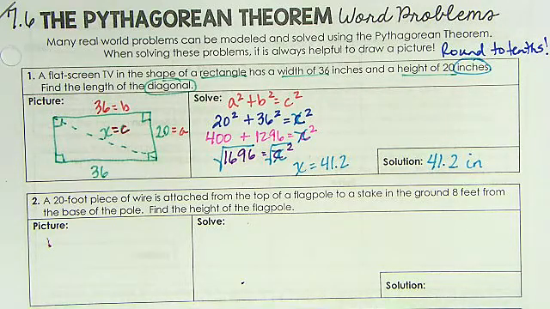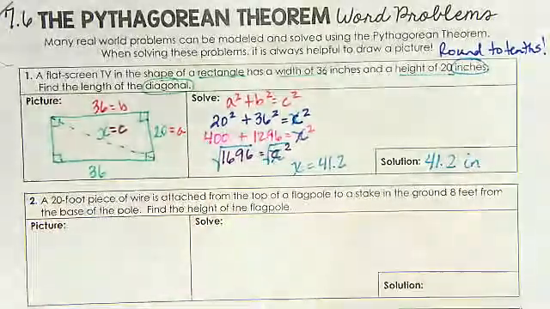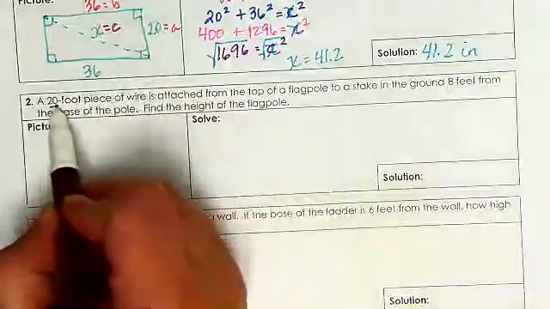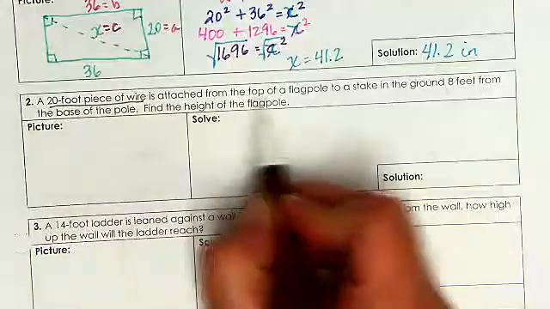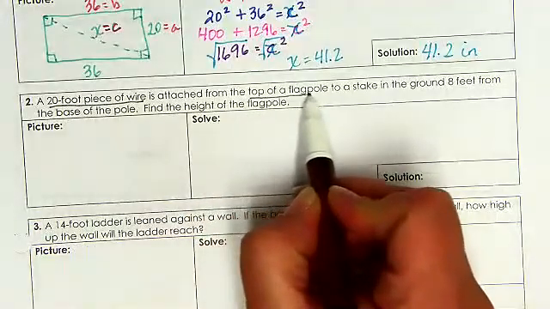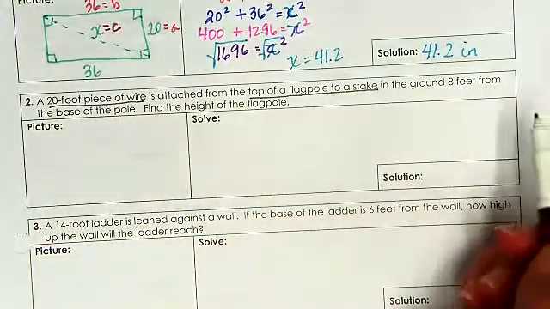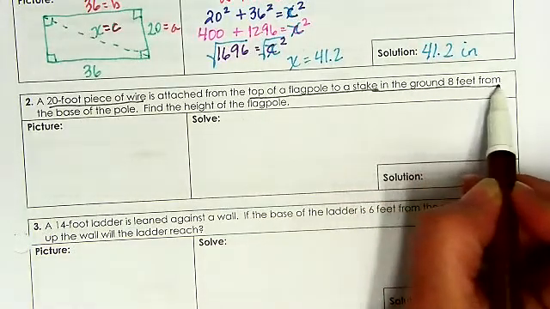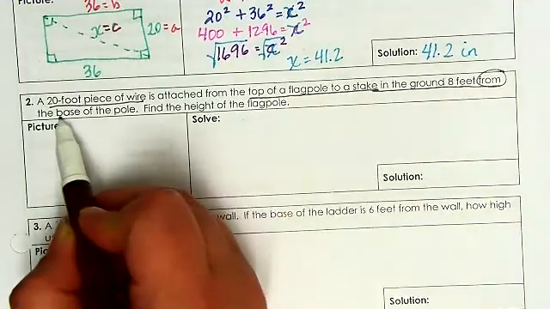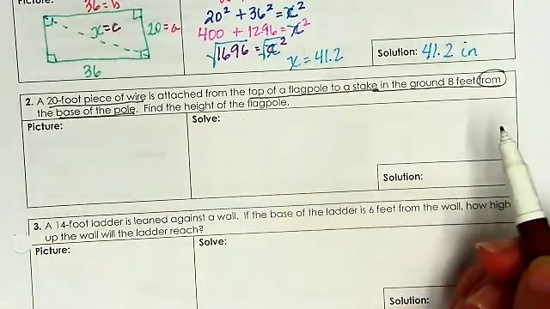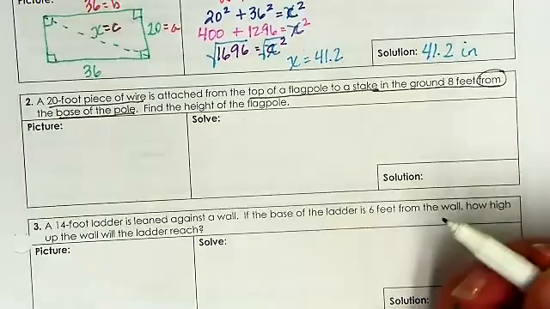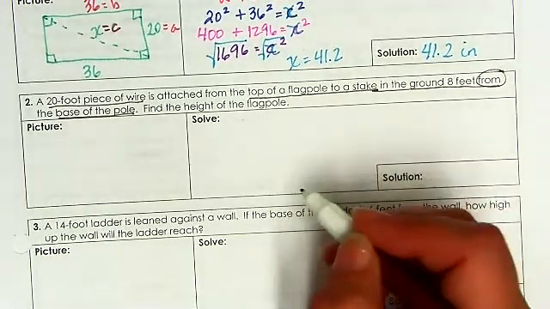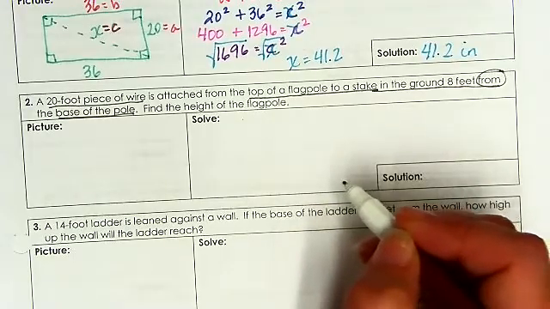Looking at number 2. Okay, we have a 20-foot piece of wire and it is attached from the top of a flagpole to a stake in the ground, 8 feet from the base of the pole. So it's 8 feet from the base of the pole to the stake.